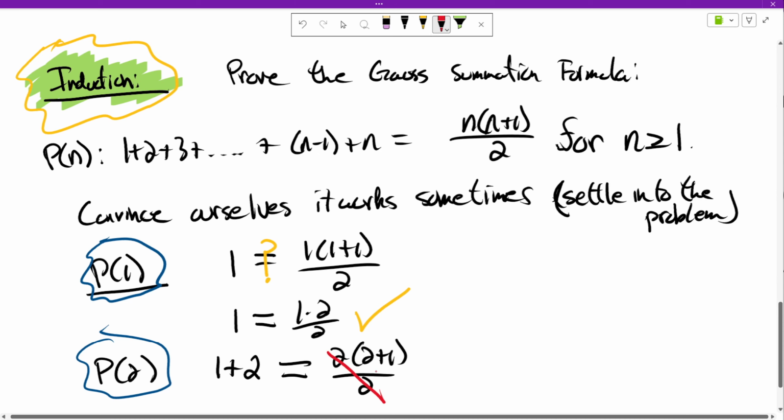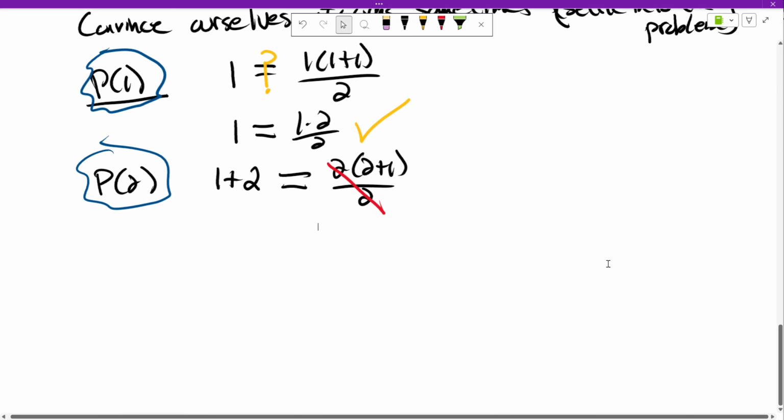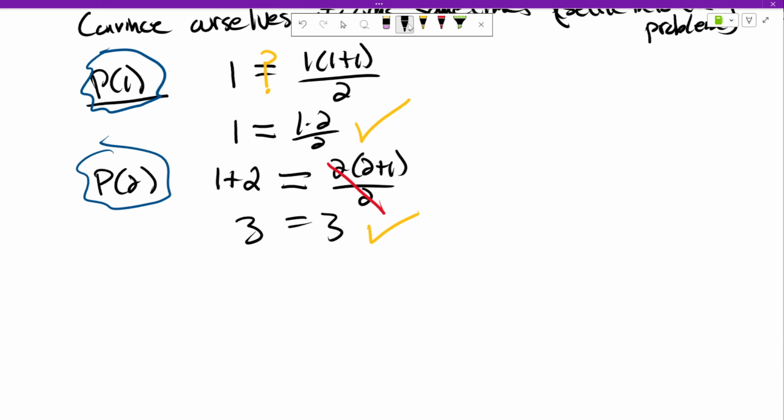Let me scroll down a little bit here. So 1 plus 2 is 3, 2 plus 1 is 3, so it looks like we're golden again. Great.